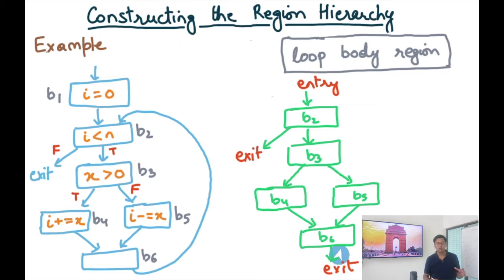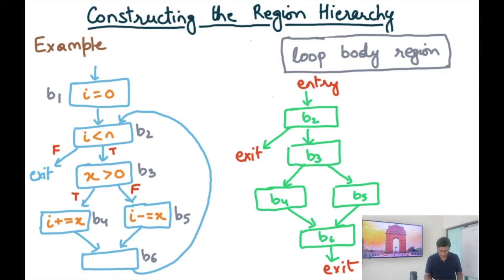And so the outgoing edge just looks like a region exit. So in this particular loop body region, we basically have two exits: one for the program exit itself, the original exit, and one for the loop back edge, because the loop back edge is not captured at this level of the loop body region hierarchy.